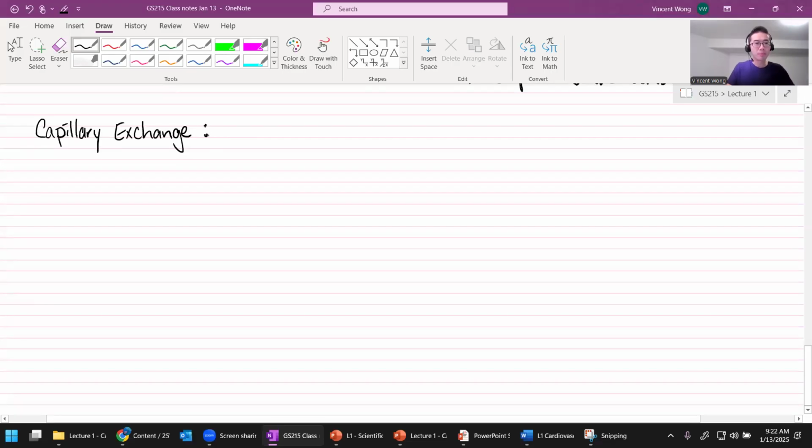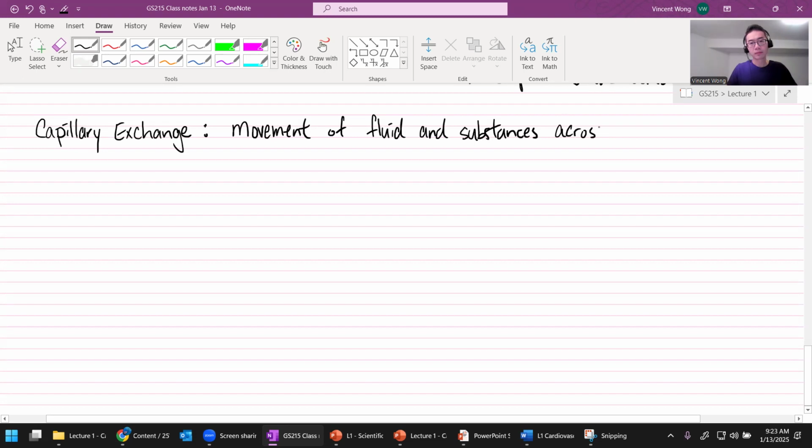So what is capillary exchange? Basically, it's the movement of substances, of fluid and substances across the capillary wall.